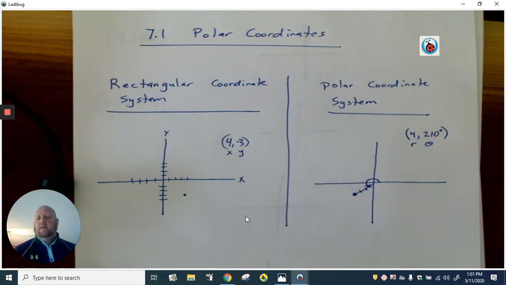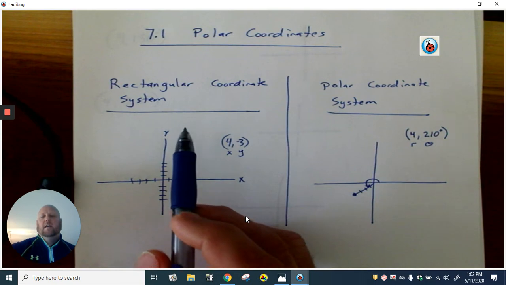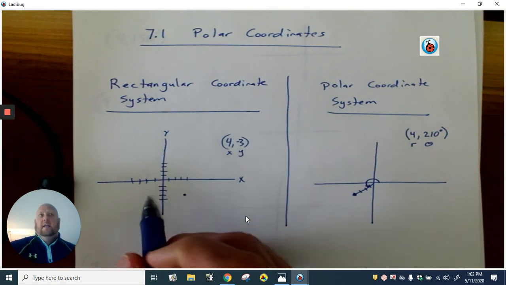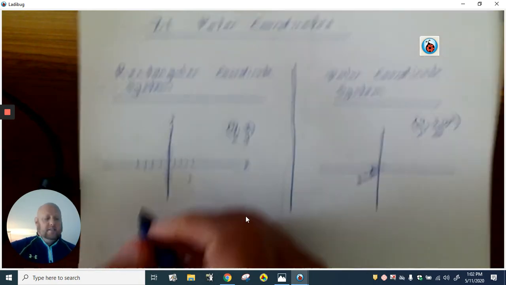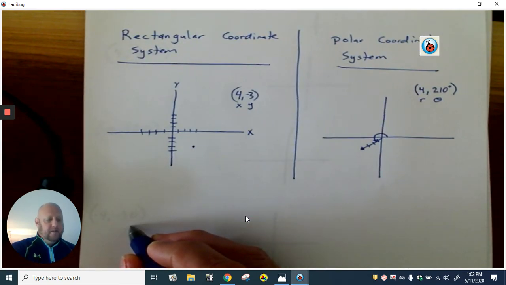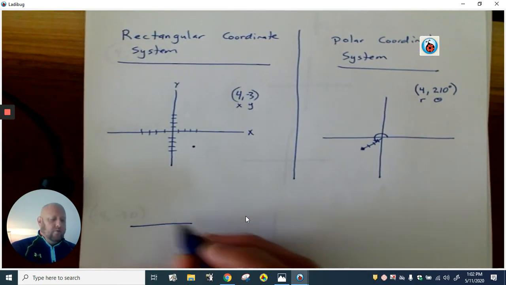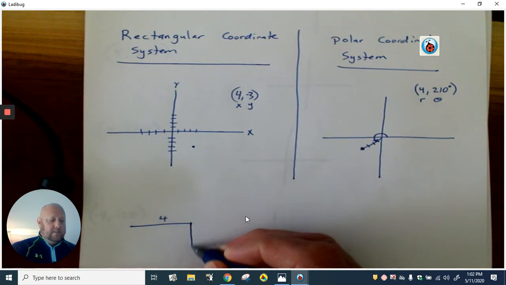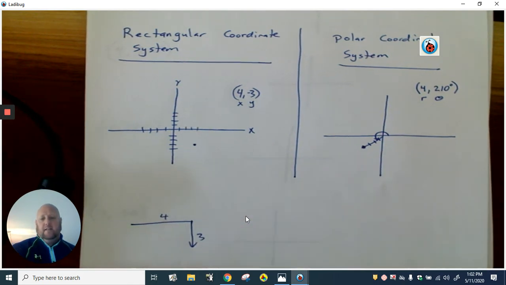The easiest way to understand the main difference is I equate the rectangular coordinate system to giving directions to somebody's house. You have to follow the roads. We go east 4 miles and then we go south 3 miles, right? But we have to follow those roads.